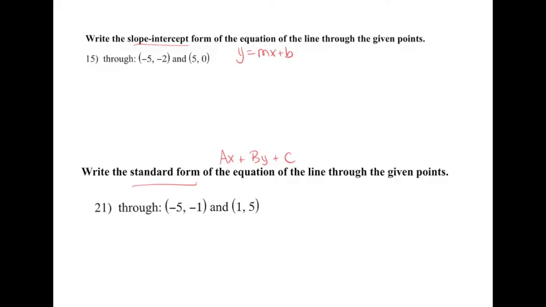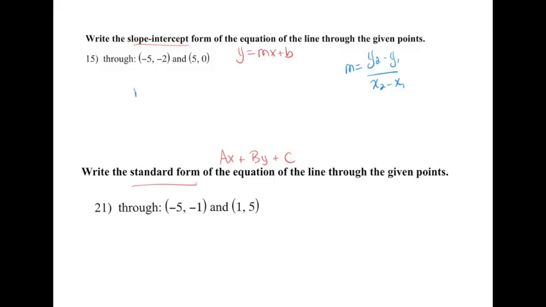You have to remember that your slope is subtract your x's over subtracting your y's. You do want to simplify your slope. So if it simplifies to a whole number, simplify it. If it reduces as a fraction, reduce it. If it's negative over a negative, make it a positive, okay? But both of these require that you find the slope.